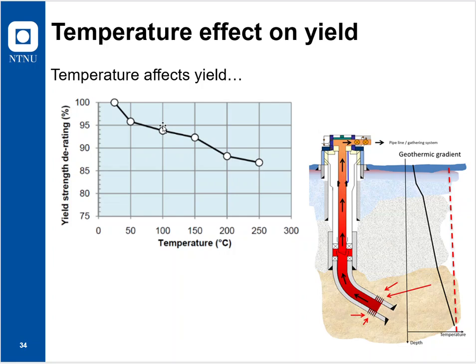Is it at room temperature, or at 100 degrees, or what is your reference temperature? And you need to know the specific material you're working on, its composition, because it varies with different compositions too. Some go to 3% and some go to 7% yield reduction at 100 degrees. And as you see, it falls off with more temperature, 150, even more degraded.